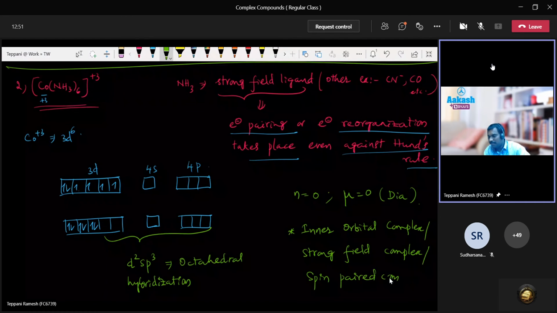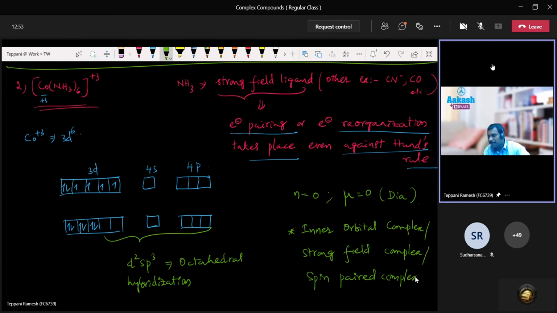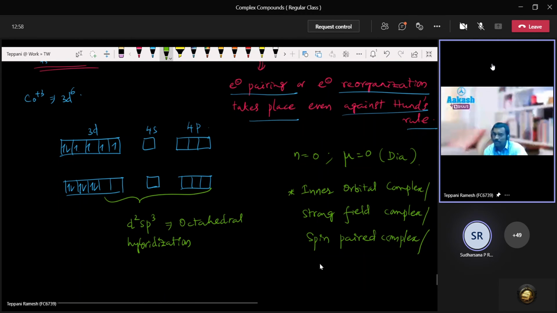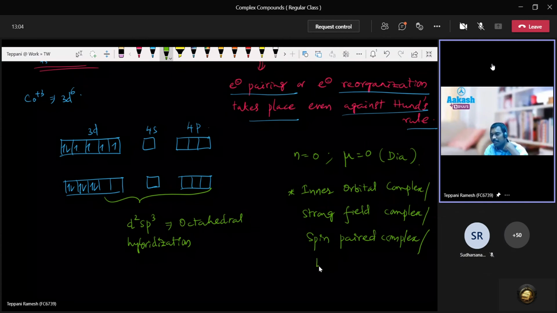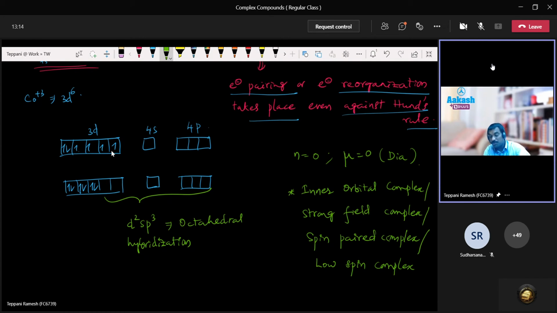All these names are there, okay? High spin or low spin? Low spin complex. High spin would be plus of plus of plus of plus of plus 4 by 2, that is plus 2.